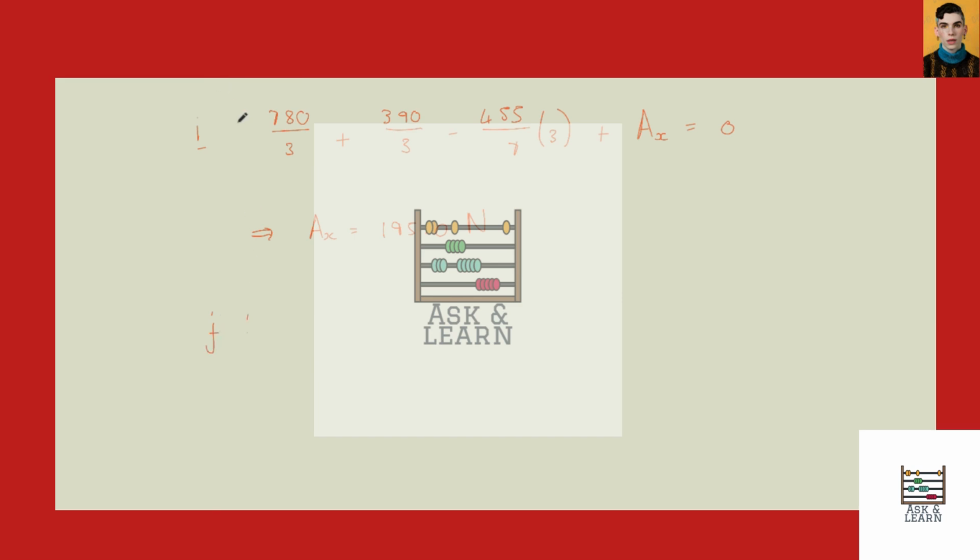Now let's take J coefficients, and we get minus 780 over 3 times 2 minus 390 over 3 times 2 minus 455 over 7 times 6 plus the y component of the reaction AY must equal to 0.